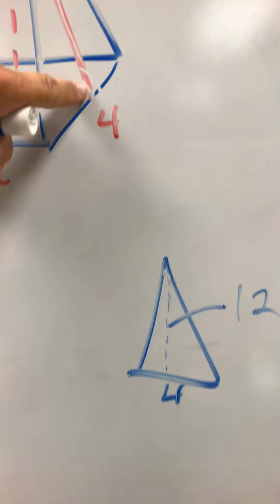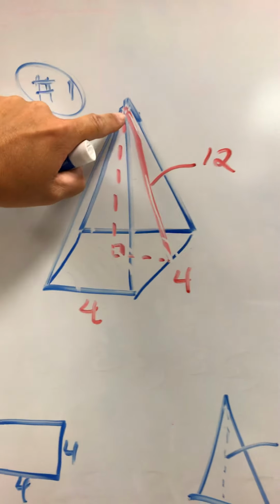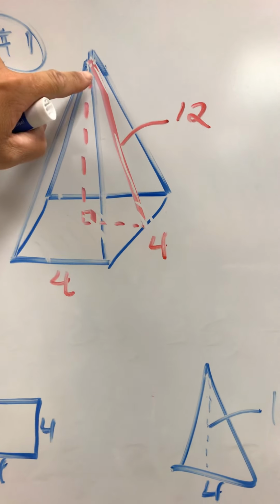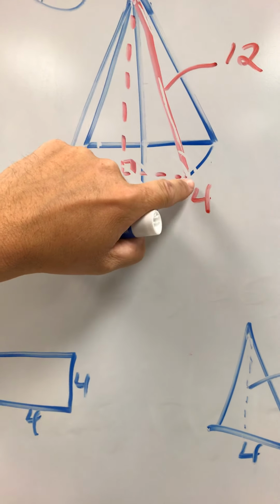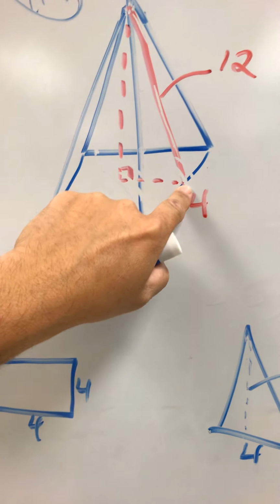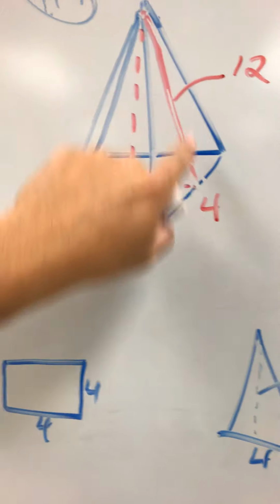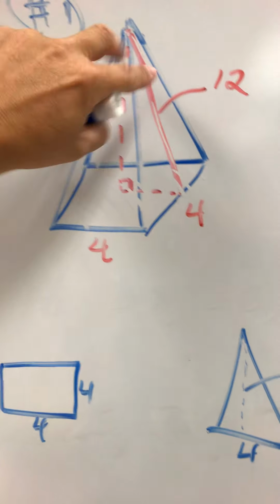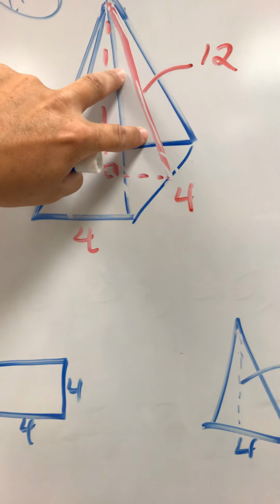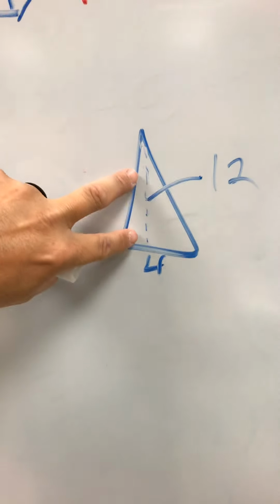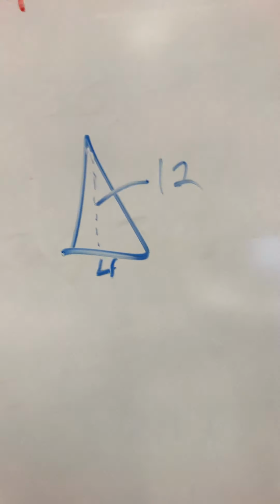So there's four triangles here, and this line going down right here is from this vertex to the center of this side. This right here is called the slant height. Now that slant height is handy to know because that is the height of the triangle.